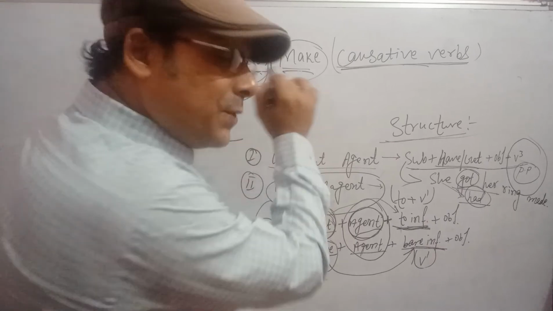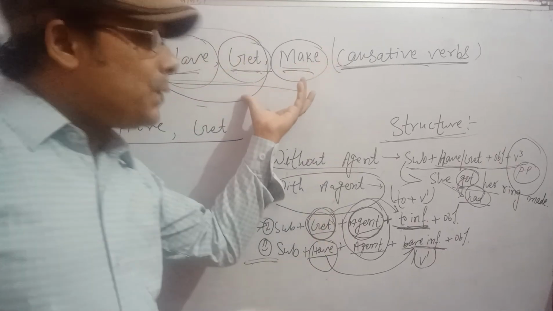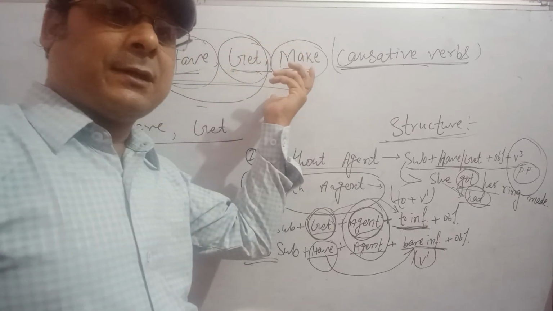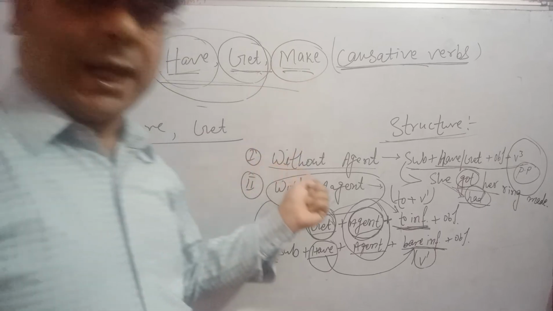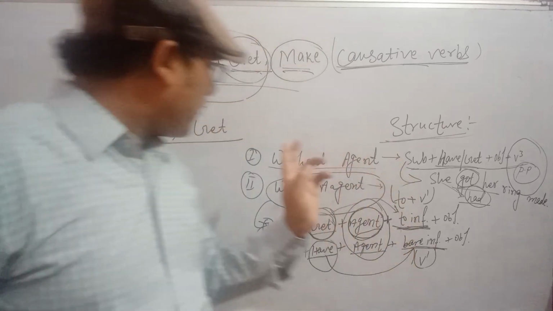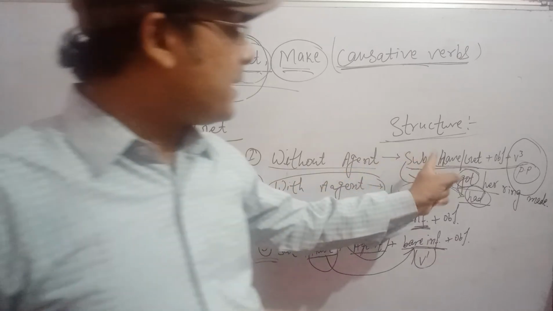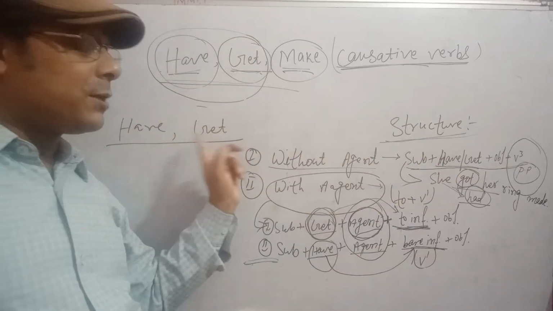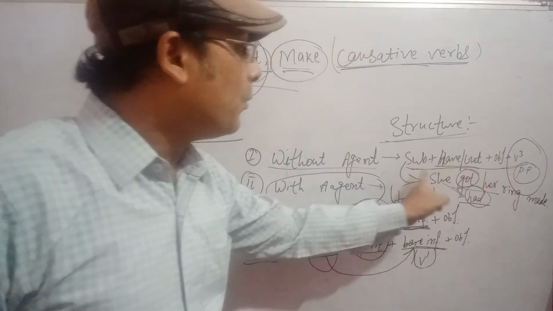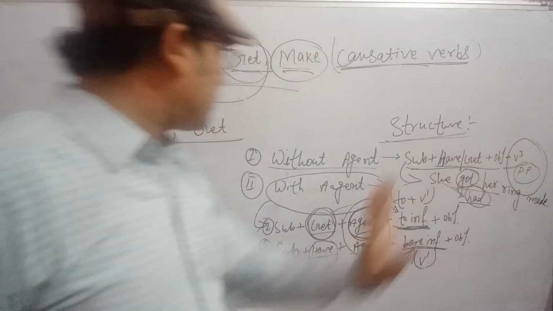When these are used as causative verbs, to use have or get, there are two ways, like without agent and with agent. Without agent, we use have or get, and we must remember this structure.